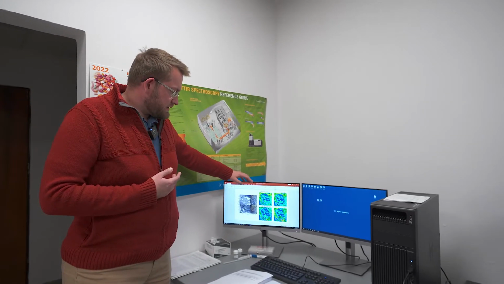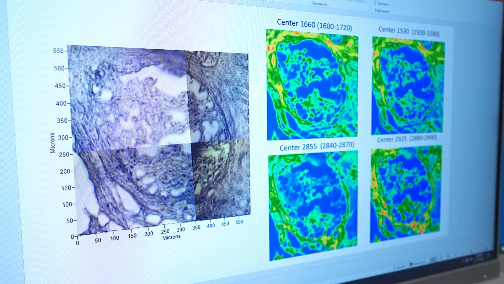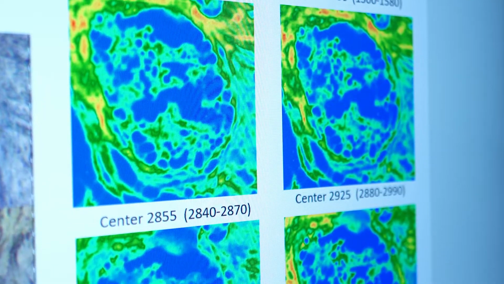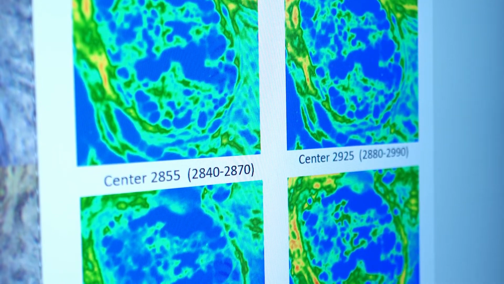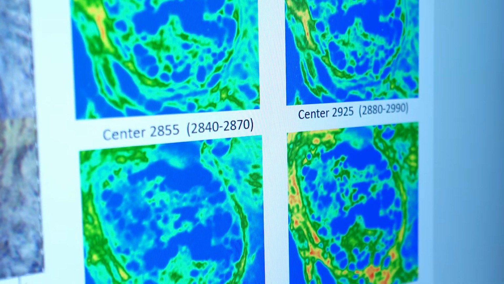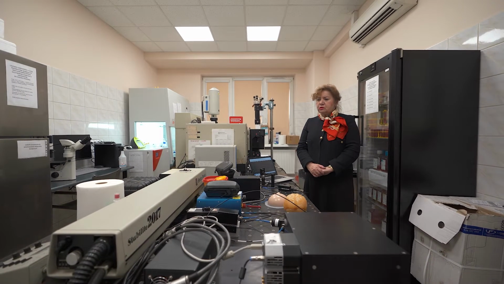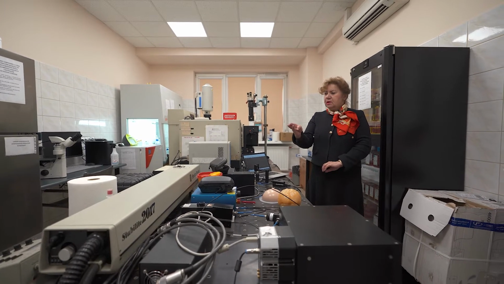And here you can see the imaging from the system. As you can see, we can monitor the composition of the tissue and find the molecules that are inside the tissue sections.